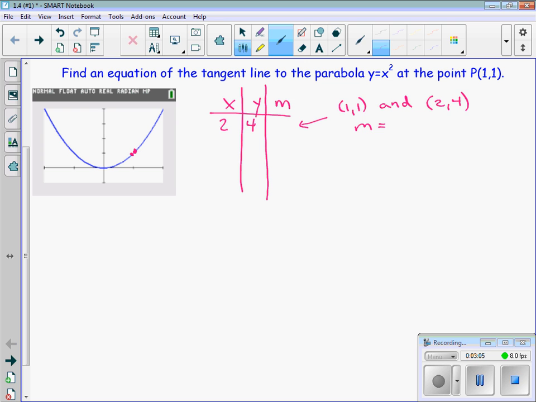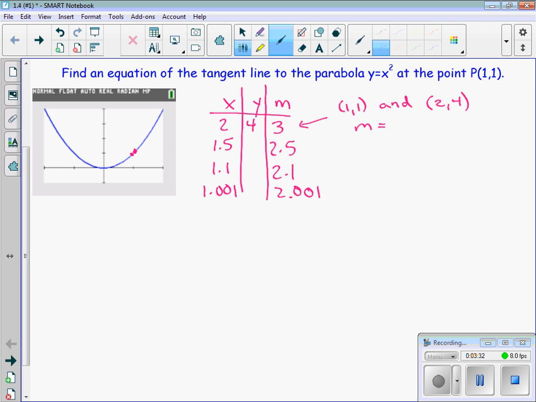You do your change in y over change in x to find what that slope is, and we get a slope of 3 there. Then you slide that point closer, so your next point might be at 1.5. You find the y value, your slope there is 2.5. You keep sliding it closer here. Do we feel good about the slope approaching 2 there then?